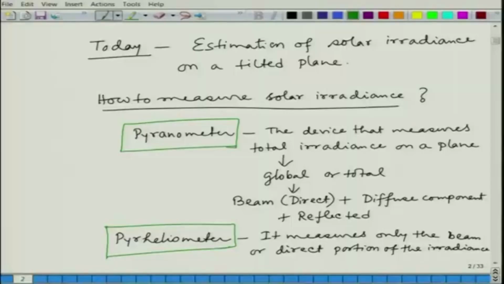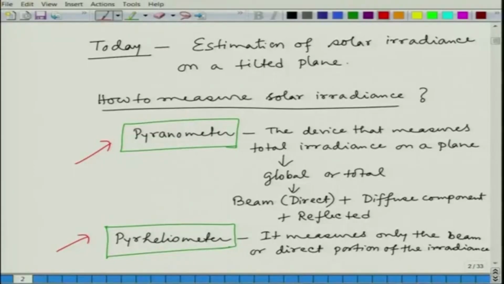Okay. It does not give you the total. So, this is a critical difference between these two, which I implore you to remember, and whenever you see a reading from a pyranometer, it is total, and whenever you see a reading from the pyrheliometer, it is the direct part only. Okay.